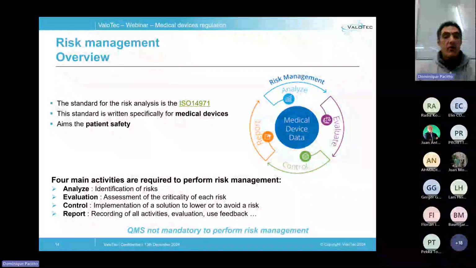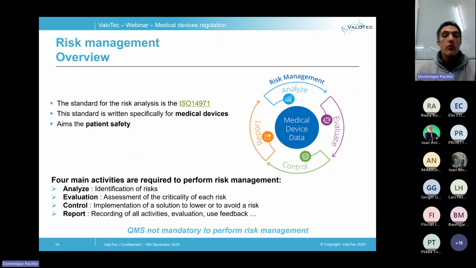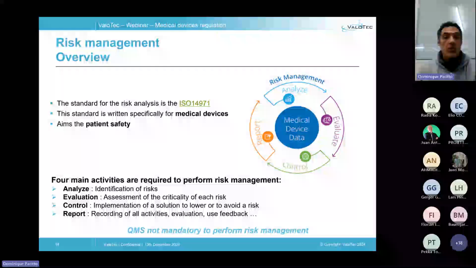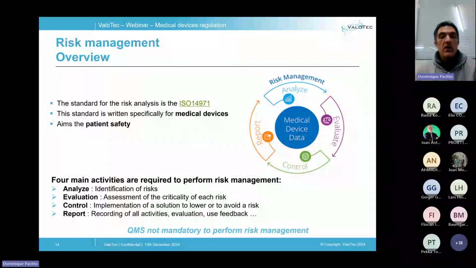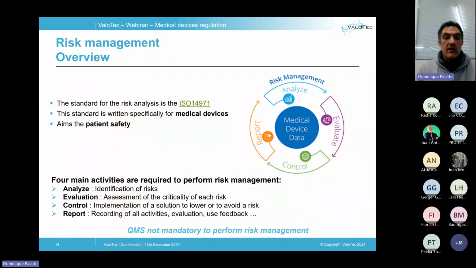The E for evaluation, aiming to determine the criticality of a risk by applying a grade on each risk. The C for control, which consists in implementing solutions to lower or to avoid a risk. And the R for the reporting activity, aiming to record all actions, evaluation, use feedback, etc.